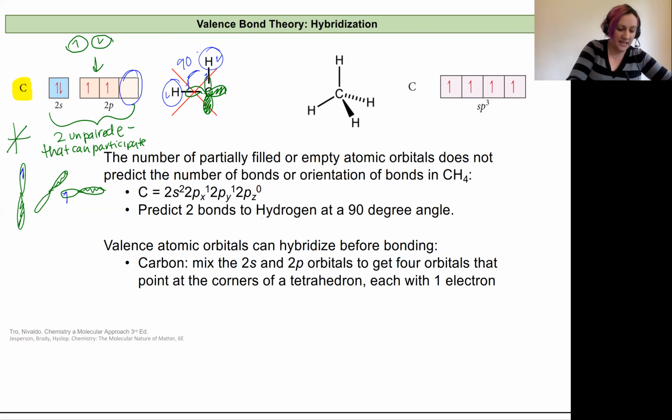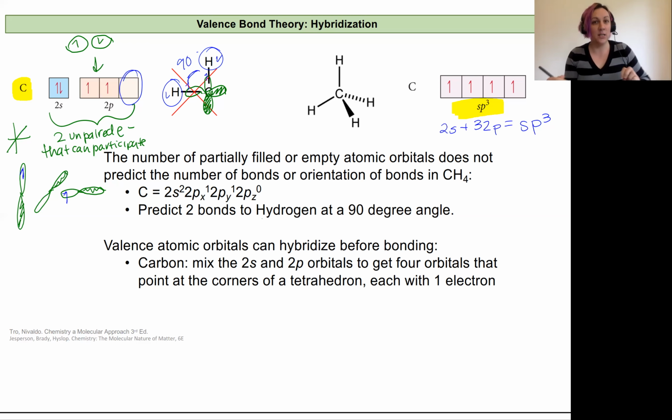And so that hybridization happens right here. That 2s and those 3 2p orbitals all combine to make an sp3 set of hybridized orbitals, where each one has 1 electron and they're all at the same energy level. Then you can see we have 4 unpaired electrons, and we can then have 4 connections to another atom that has an unpaired electron to make that bond, which would then create an octet once the actual bonding takes place.